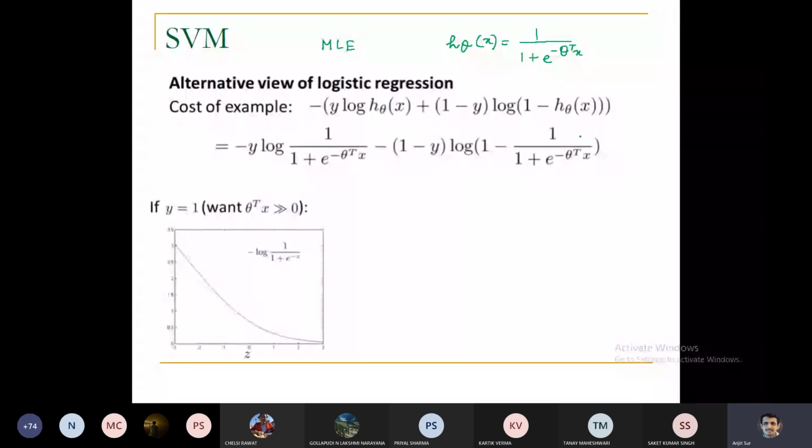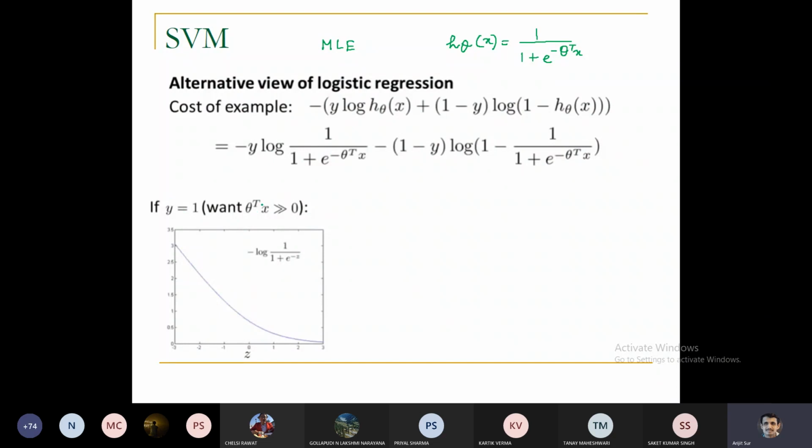Now if you try to plot it, this is log of 1 by x, where x is 1 plus e to the power minus theta transpose x. Now you can see why this is the cost function, which we have also discussed earlier. If y is equal to 1, what do we want?